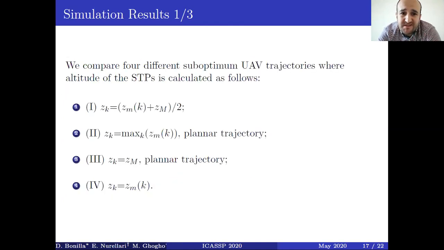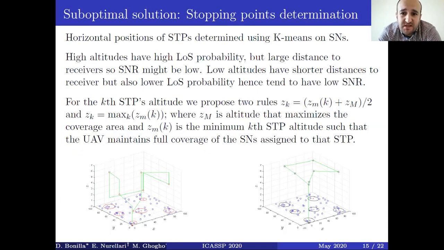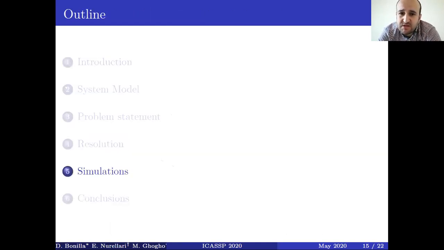And of course, Z_m is the altitude that maximizes the coverage area, while Z_k is the minimum stopping point altitude such that the UAV maintains full coverage.